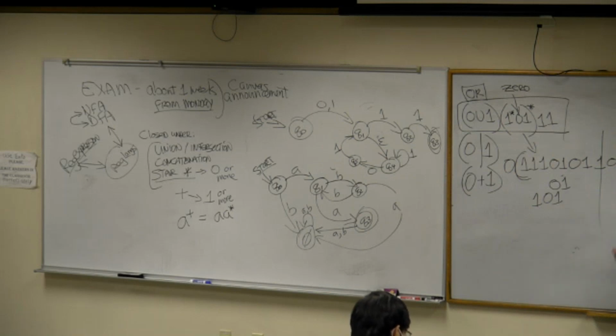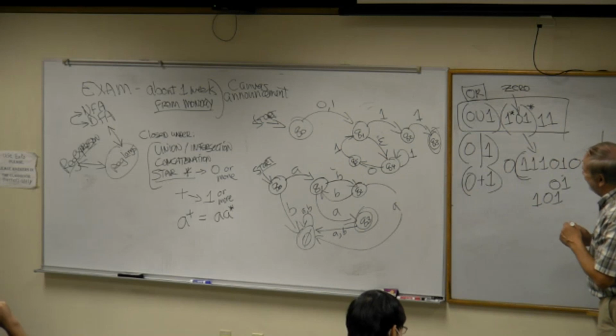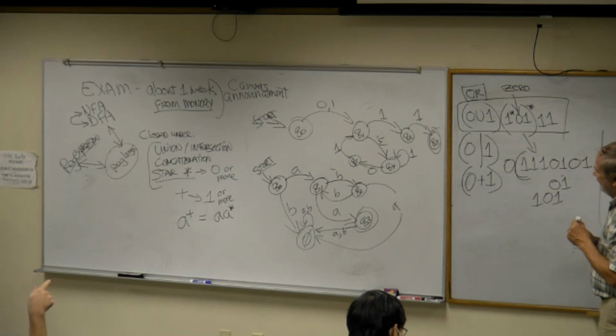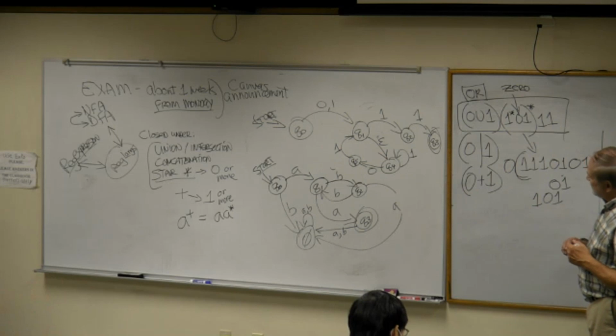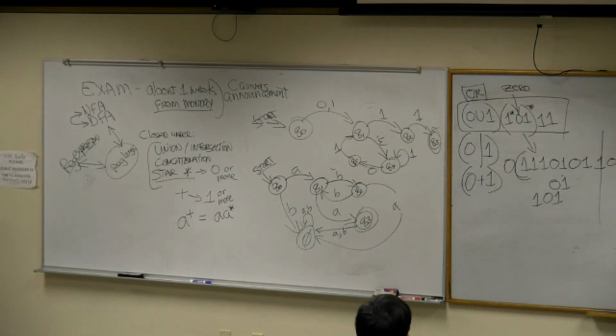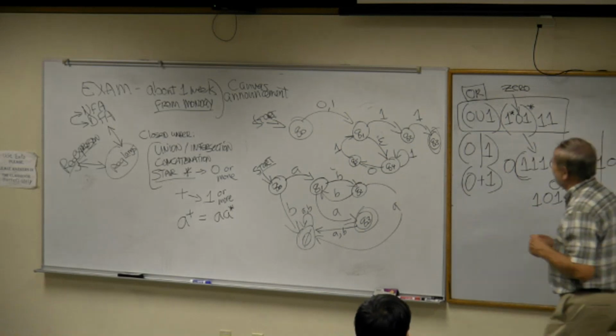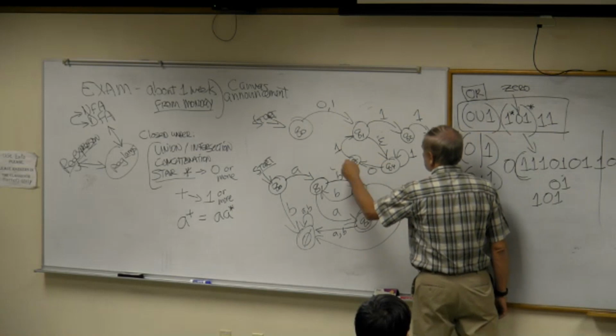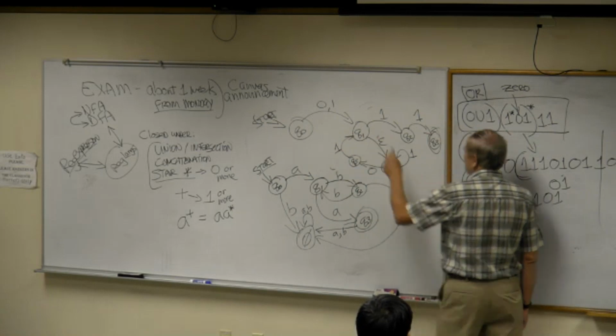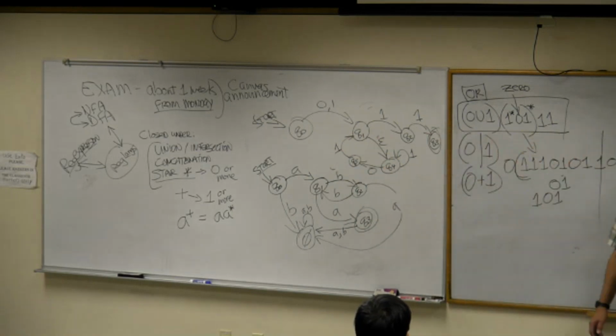That work? Seems like that's good. So we're forced to take a 0 or 1, and we're forced to end with a 1, 1. That looks good. And then optionally, you can have one or more of the 1 star 0, 1 sequence, right? You can take a ride on that as many times as you want.